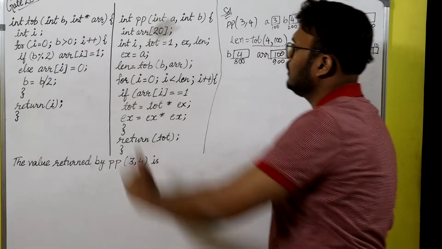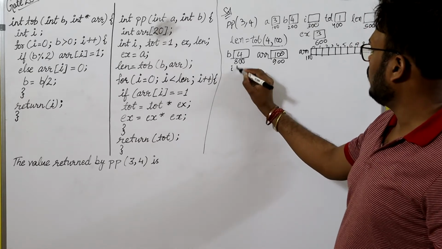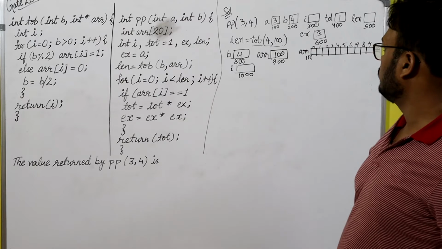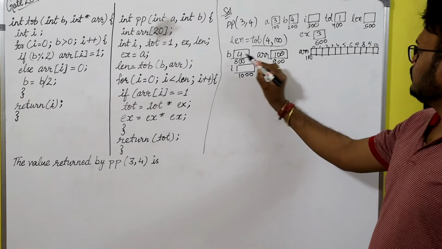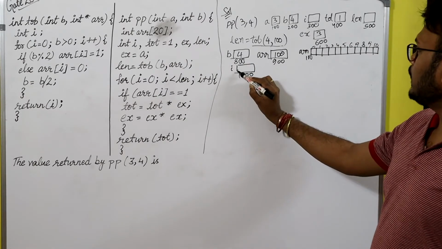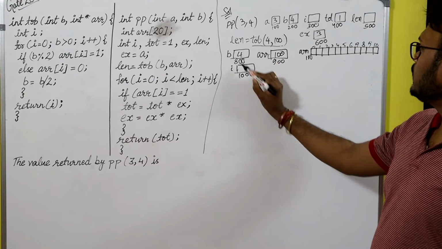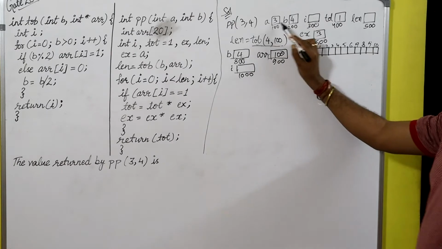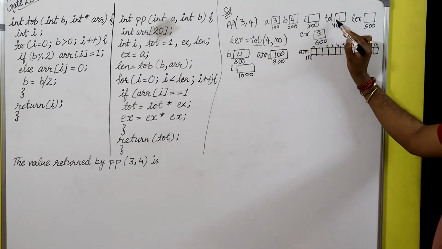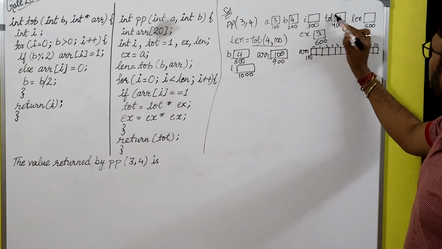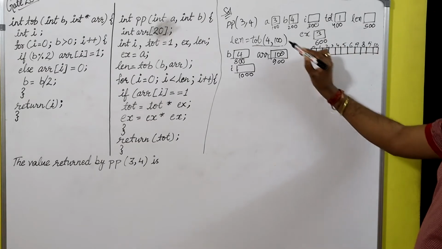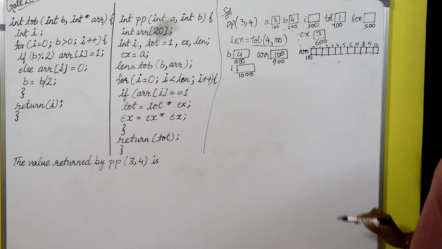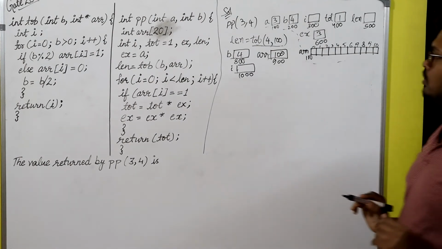Another local variable I is declared, let's give the address 1000. So B, ARR and I, all three variables are local to this TOB function, and A, B, I, TOT, LEN, EX, ARR are local to the PP function. So don't get confused.